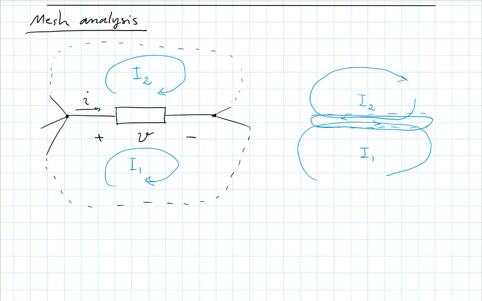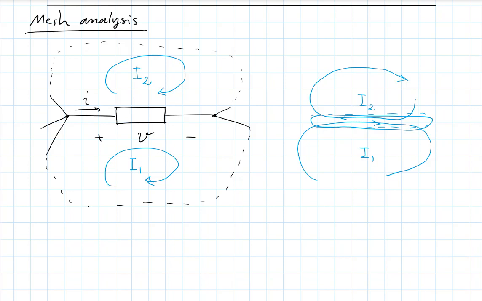One thing I want to emphasize again is that the direction of these currents that I've chosen is my choice, my convention, and these arrows have nothing to do with which way I want to write my KVLs, clockwise or counterclockwise. That's a totally separate thing. KVLs are equations that have voltages of the elements in them, right?